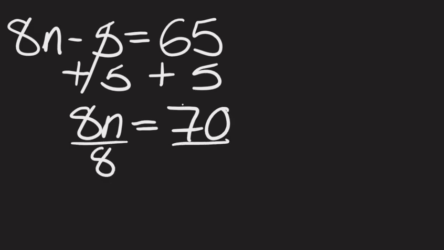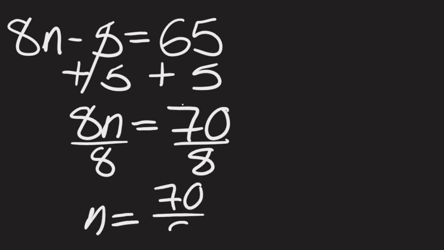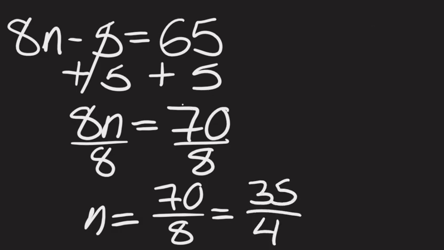Then we have to divide each side by 8. And this will give us n equals 70 over 8. We can simplify this fraction by dividing both the top and the bottom by 2. If we do that, we'll end up with 35 over 4.